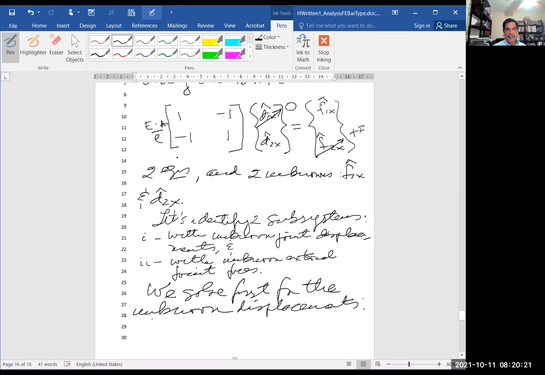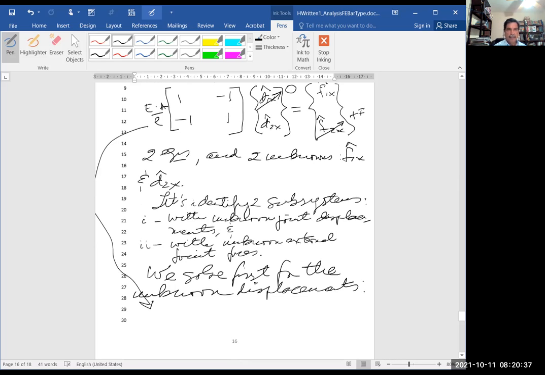So you see that if we take the second equation, that's going to be the first subsystem. I'm going to write it here.